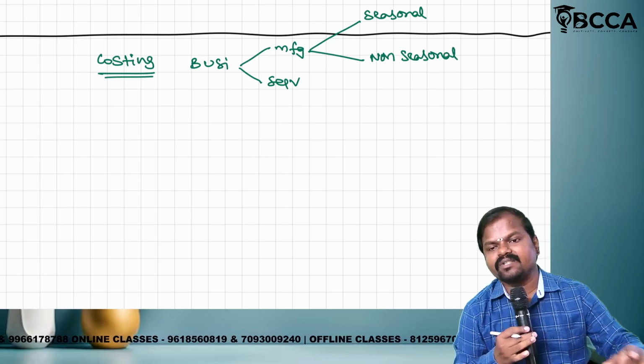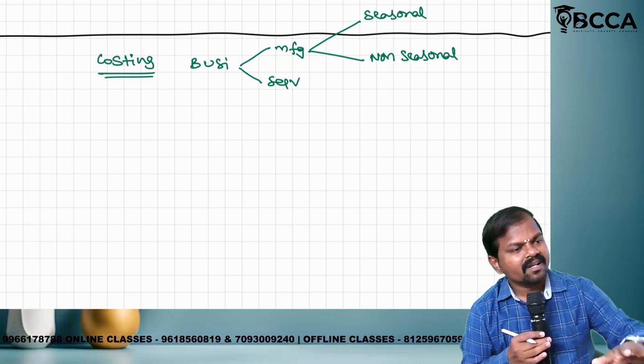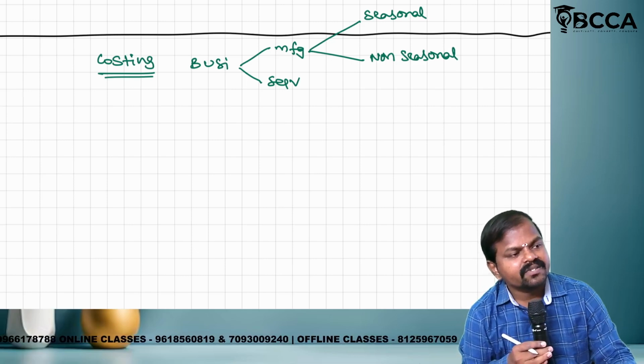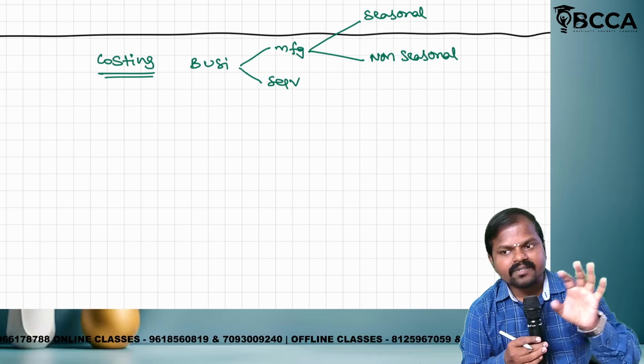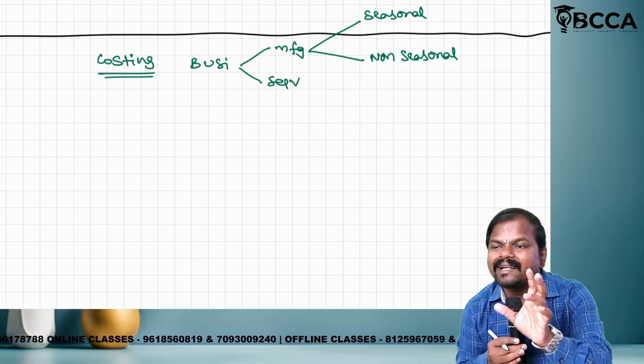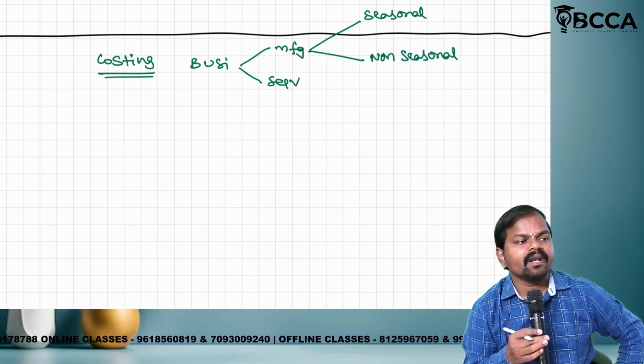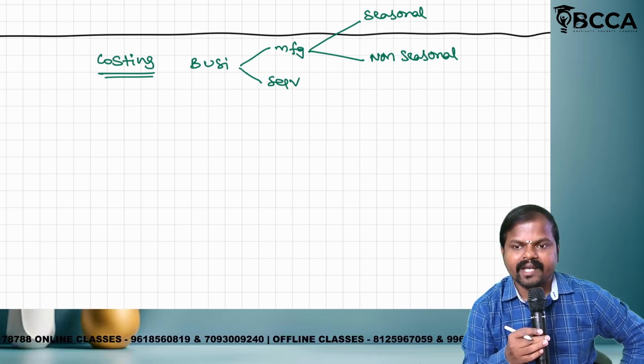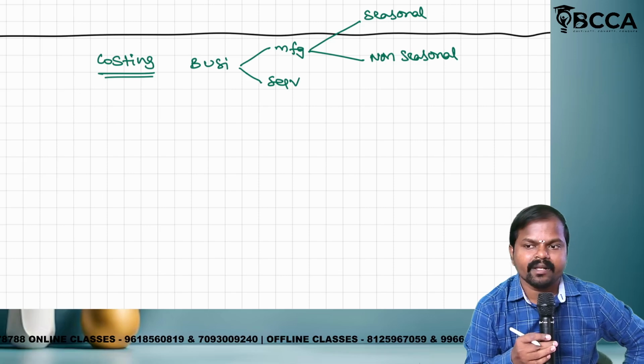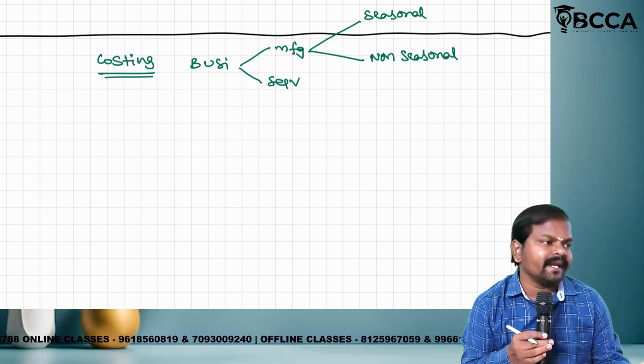Seasonal based manufacturing industry means such a product can be sold only in a particular season. Example, a sweater manufacturing company, or an umbrella manufacturing company. Umbrellas are used only in the rainy season.